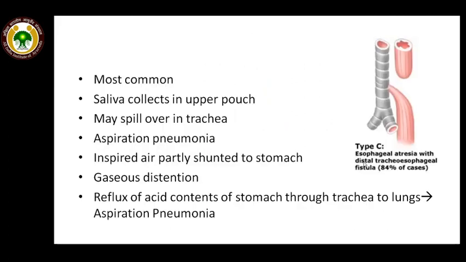Now out of these 5 types, type C, that is esophageal atresia with distal tracheoesophageal fistula, is the most common variety and it is seen in about 84% of the cases. Now what happens in this condition is that the saliva starts collecting in this upper pouch, and once a sufficient amount of saliva is deposited in this upper pouch, it may spill over into the trachea, which may lead to aspiration pneumonia.